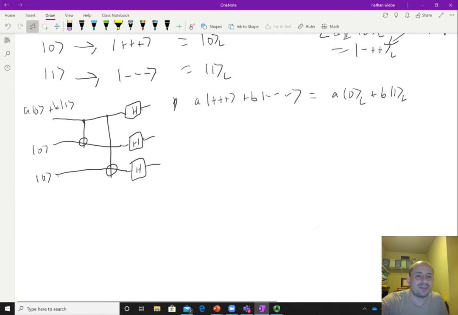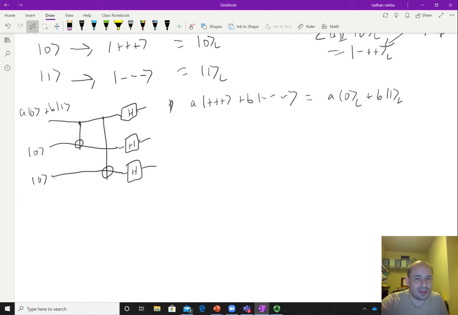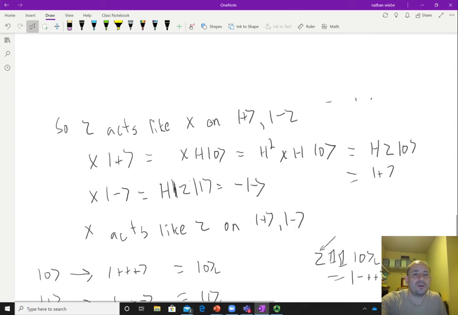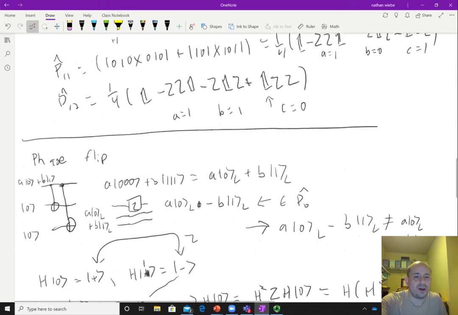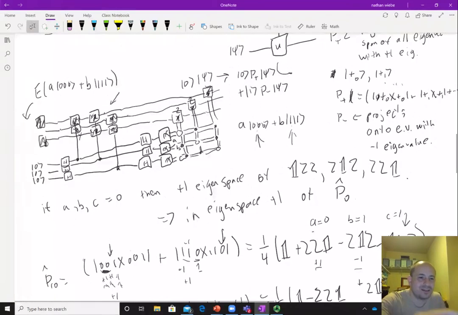So that's how we end up making a circuit that can detect and correct Z errors. So, if we put a random Z gate here at this location, after doing this transformation, we would actually be able to correct that error within the phase flip code.